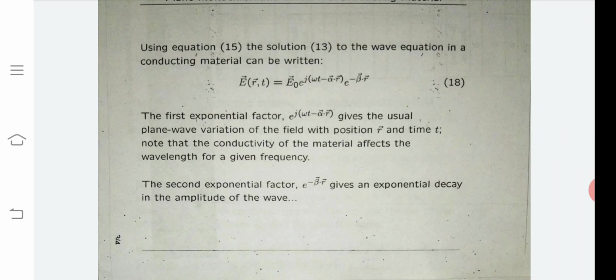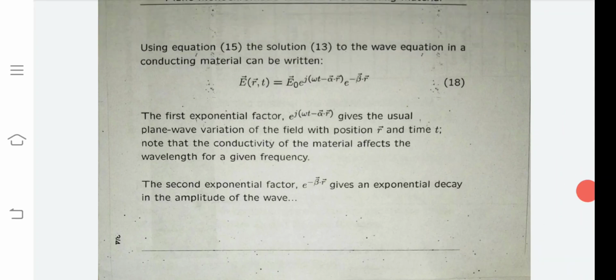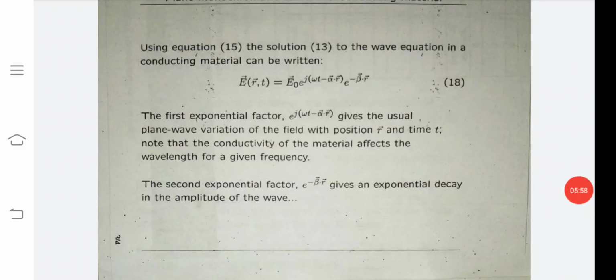For a conducting material, the equation for the electric field is written as E of r, t equals E naught e raised to the power j omega t minus alpha r, times e raised to the power minus beta r. The first exponential factor, e raised to the power j omega t minus alpha r, gives the usual plane wave variations of the field with position r and time.